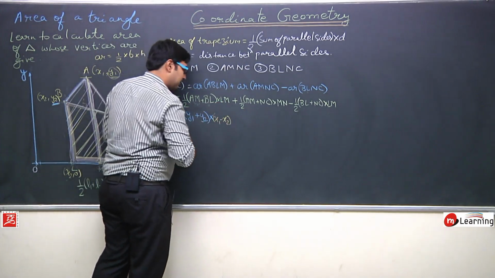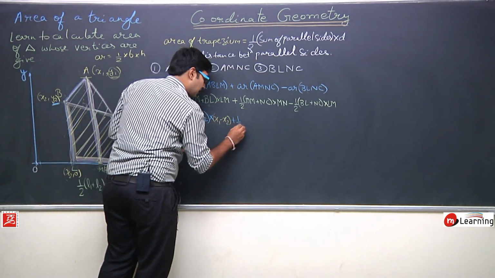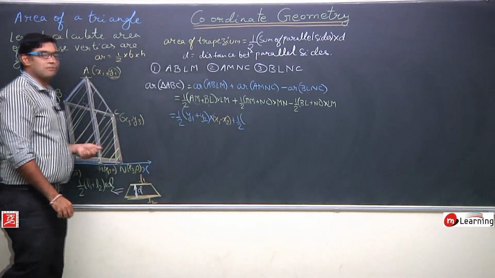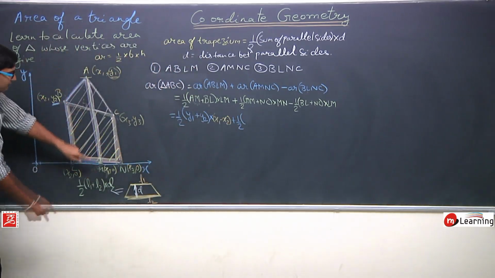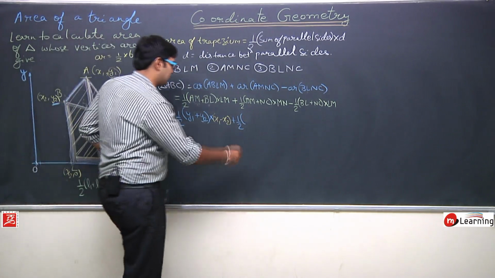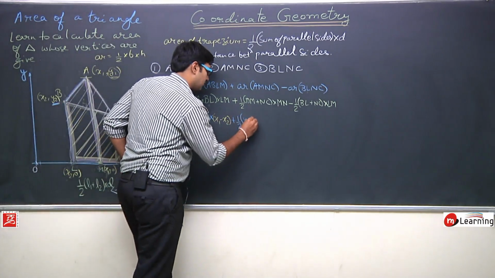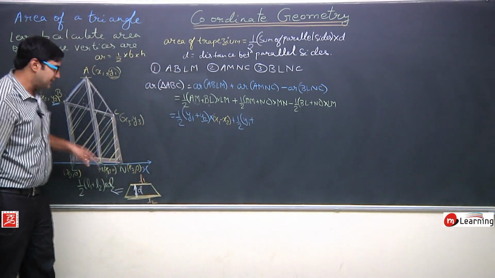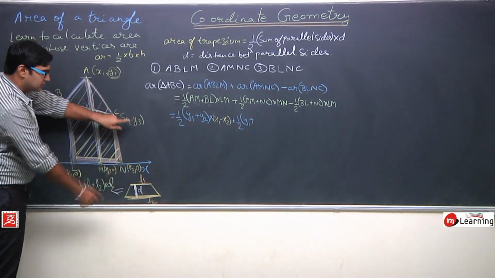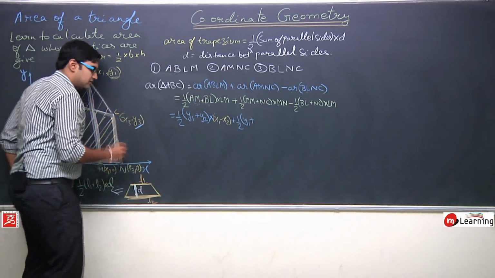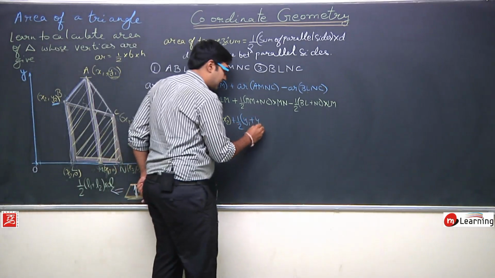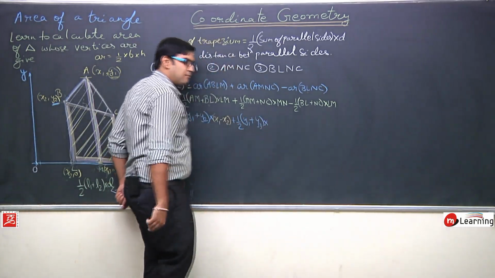Okay, then plus half of, in the bracket, AM. What is the length of AM? We have just calculated, the length of AM is y1 plus the length of NC. The length of NC will be equal to y3. This is y3, so it will be y3 into MN.